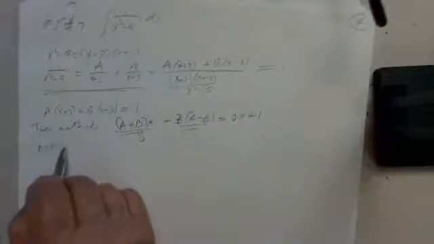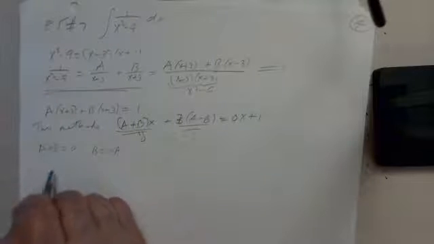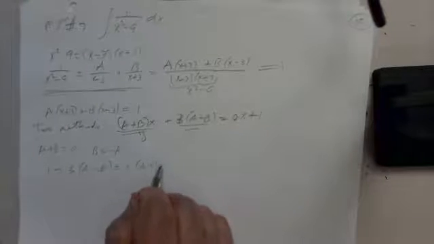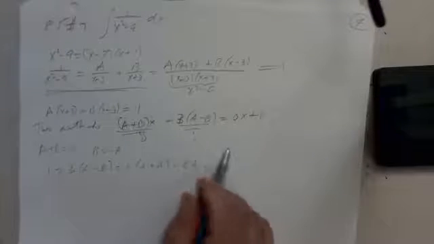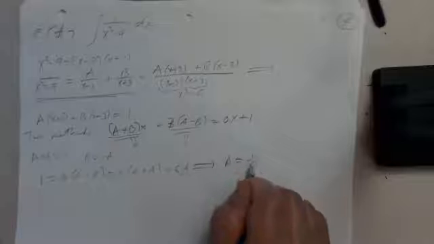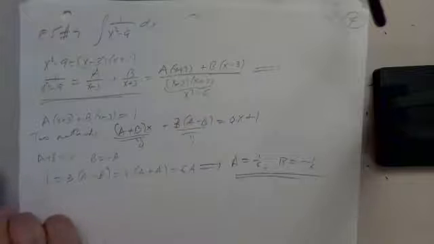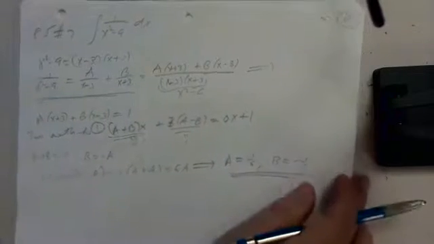So we have a plus b equals 0, so b is equal to minus a. And 1 is 3 times a minus b. But b is minus a, so that's 3 times a plus a, which is 6a. So that means a is 1/6, and b, minus a, is minus 1/6. So with the first method, we get these numbers.